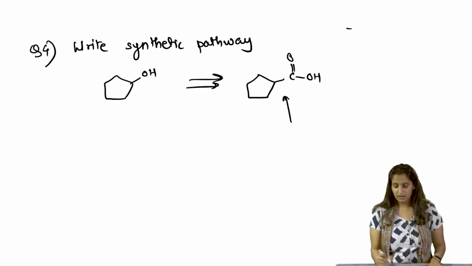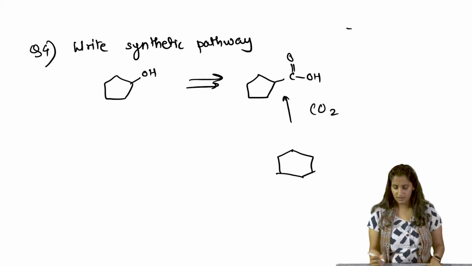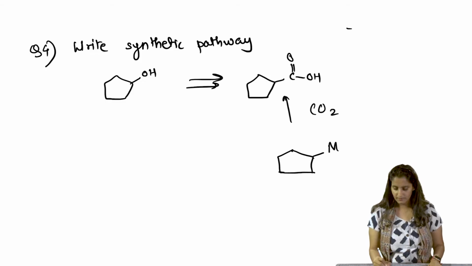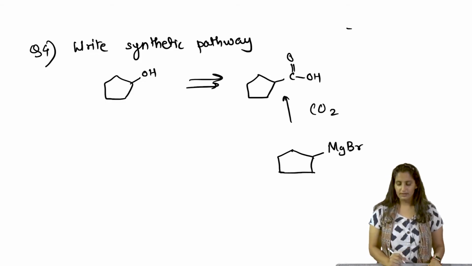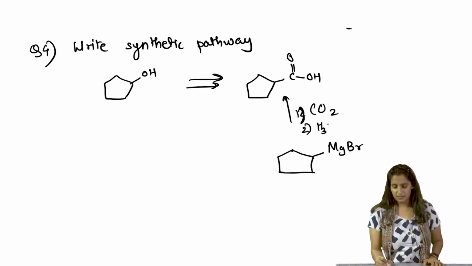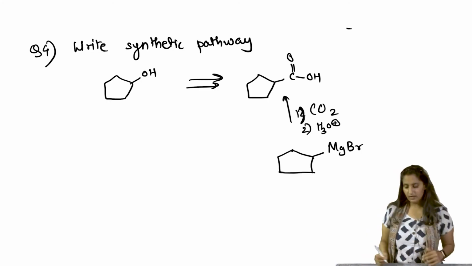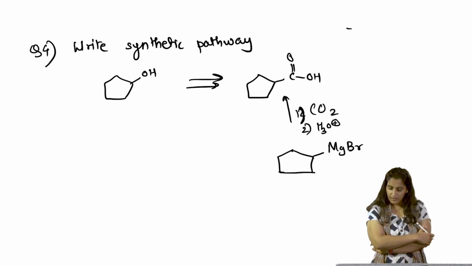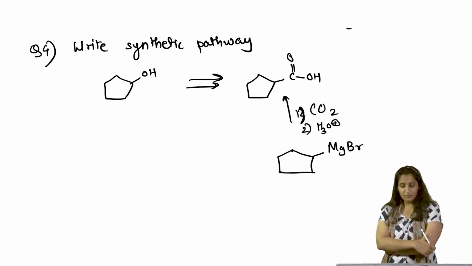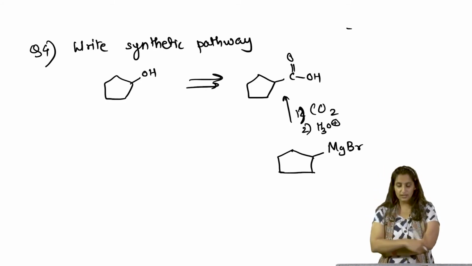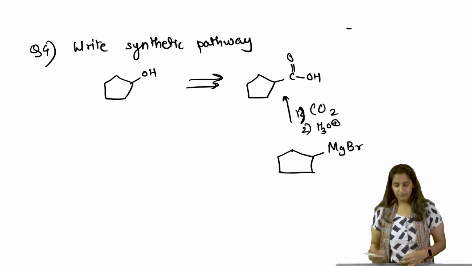So, if we start from the corresponding Grignard and react it with carbon dioxide in the first step and in the second step H3O plus, we are going to form the corresponding acid. So, we need to form the Grignard. Now, the problem is converting an alcohol directly to a Grignard. It is not going to happen, right. So, we need to think of something that will form the Grignard.